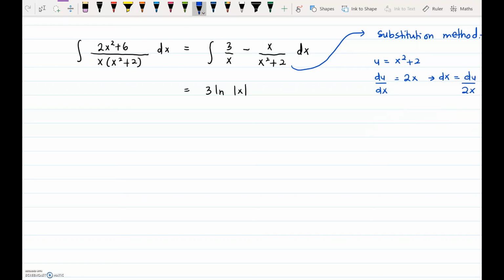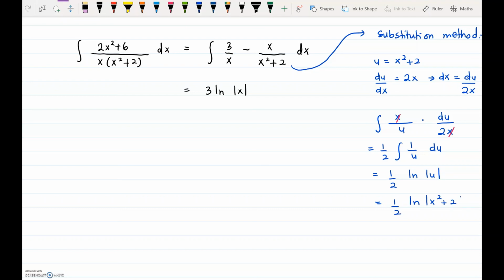Next, substitute: the integration of x over u times du over 2x. Then we cancel off x, and you can integrate. It will be 1 over 2 times the integration of 1 over u du, and you will get 1 over 2 ln u, which means 1 over 2 ln (x squared plus 2).